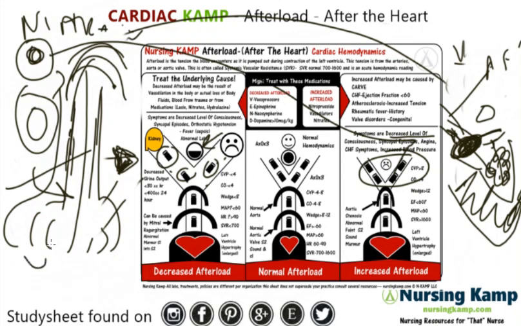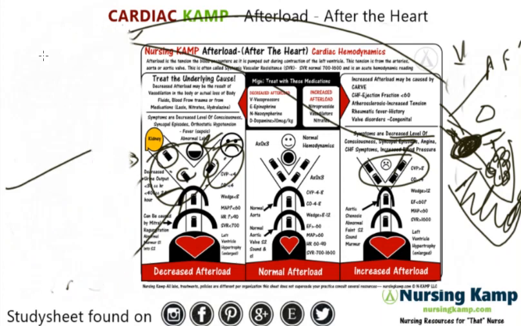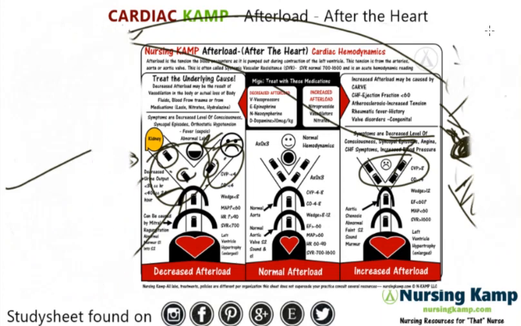We use vasopressors. So on decreased afterload, where there's this vasodilation, we're going to squeeze with vasopressors like epinephrine, neosynephrine, and dopamine. Please see my epinephrine, dopamine lecture where I talk about alpha medications and vasopressors and those types of things.